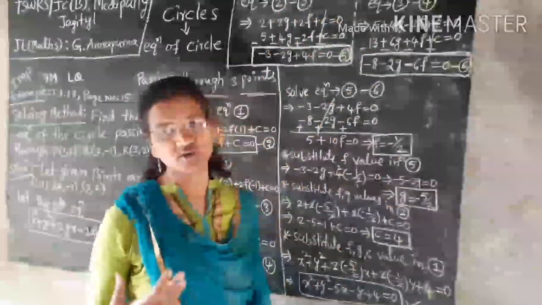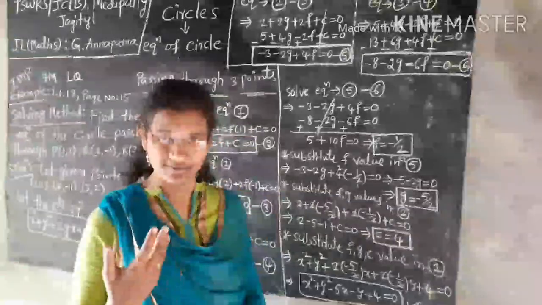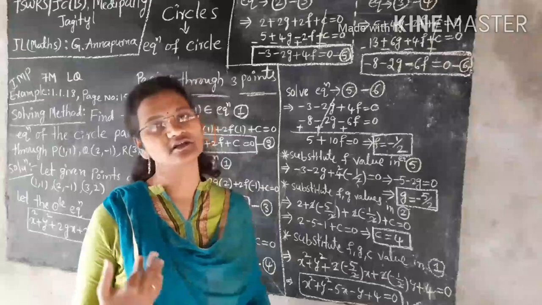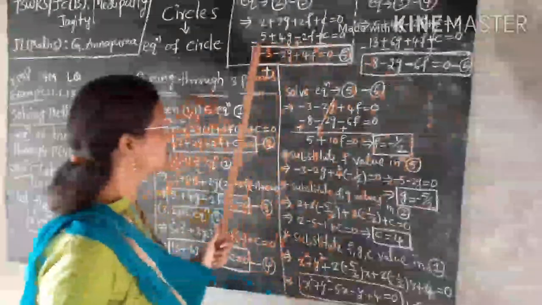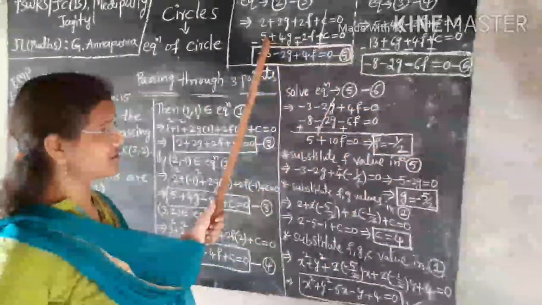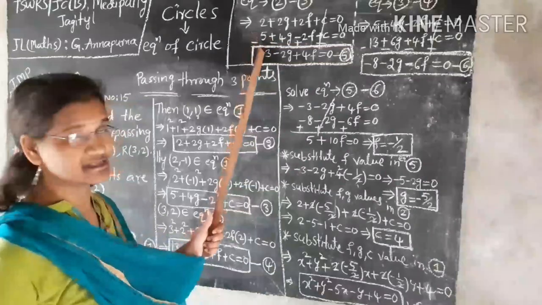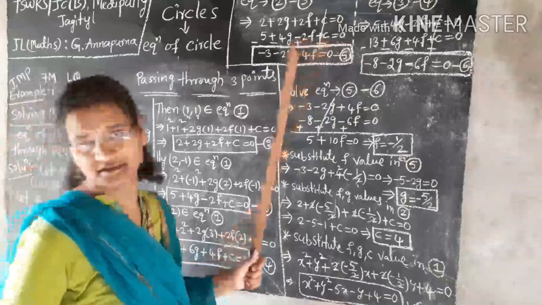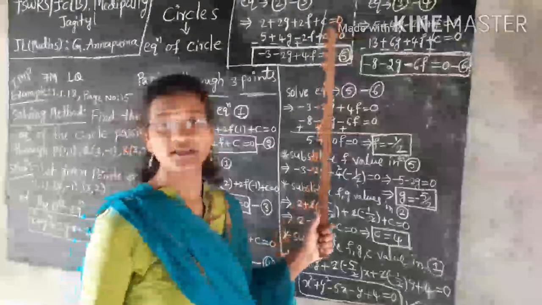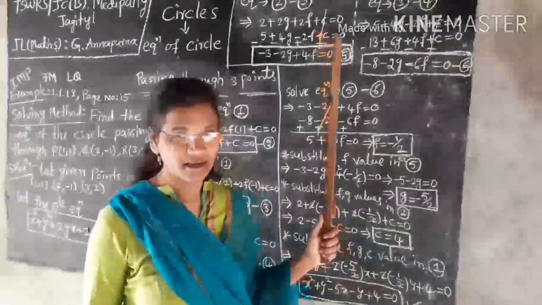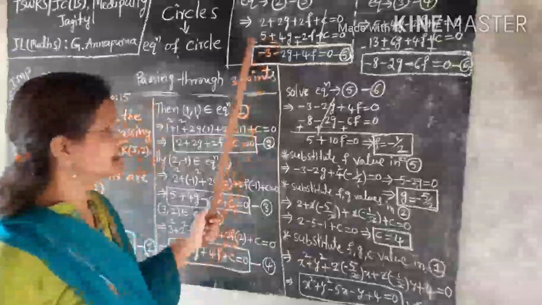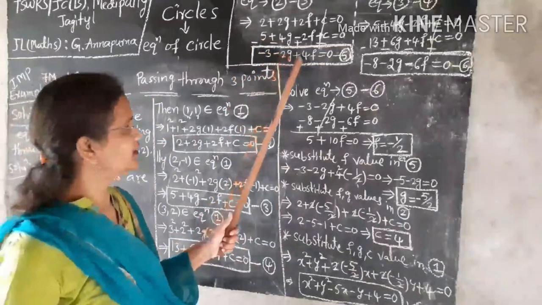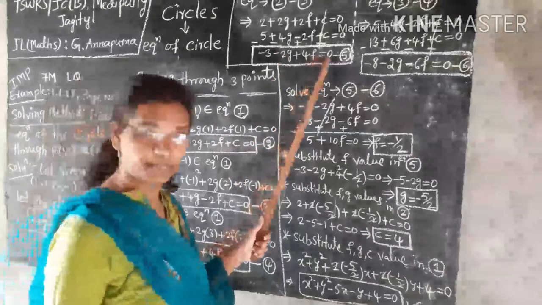While solving two equations by subtracting, the operations of the second equation will change. Here the signs change, so c will cancel. Then what we got? Minus 3 minus 2g plus 4f is equal to 0.